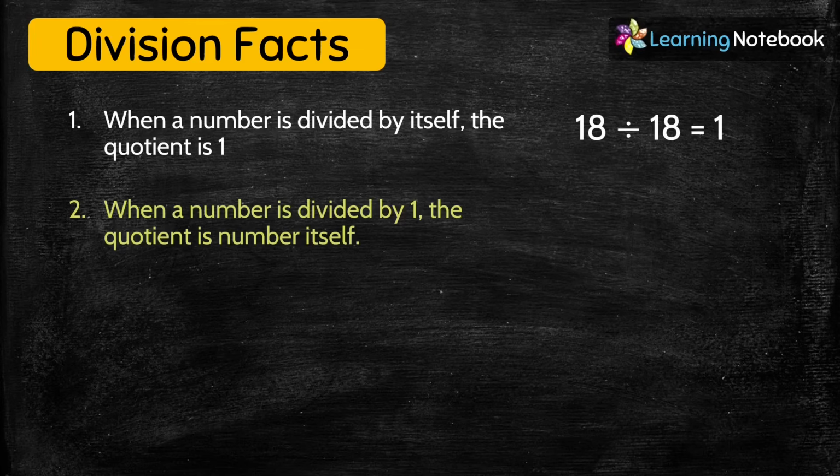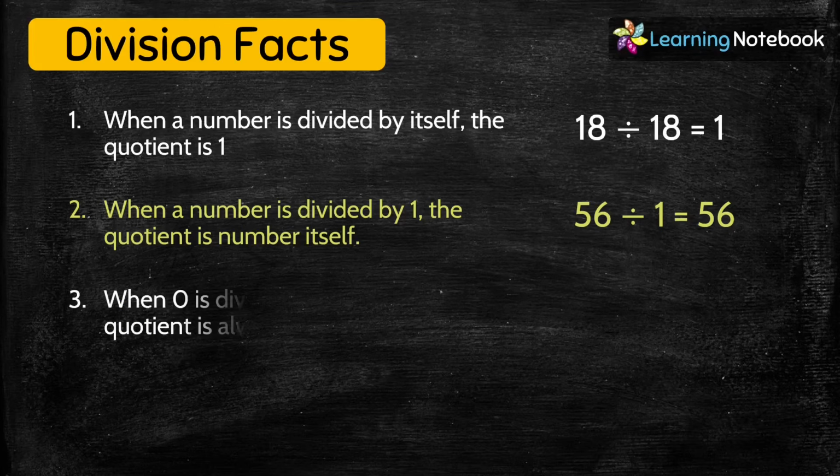Second division fact is, when a number is divided by 1, the quotient is the number itself. Let's take an example. If we divide number 56 by 1, we get the quotient as 56, which is the number itself.